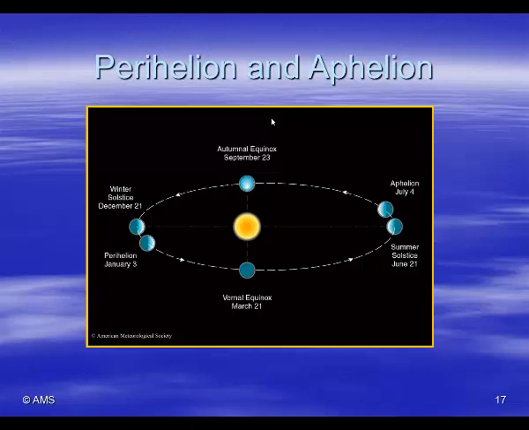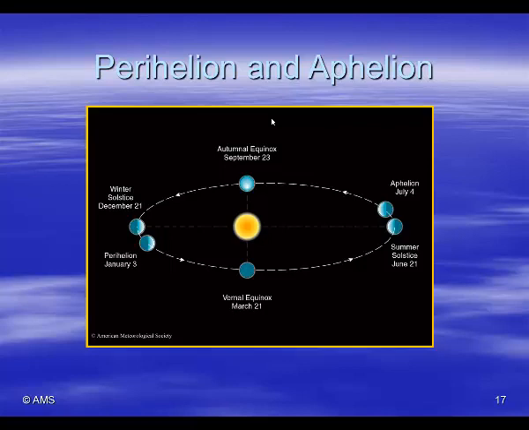So this diagram is a little bit misleading because it shows this oval that has a very large extent, right? A very large eccentricity. Really, the two foci are much closer together. The sun lies at one of the foci, so it isn't as dramatic as this looks.